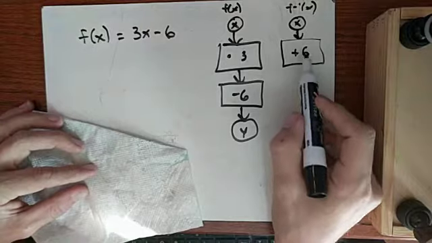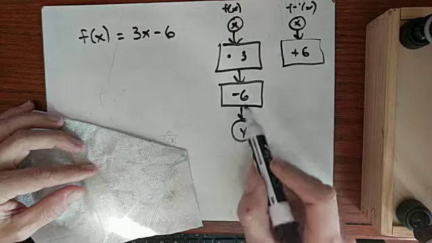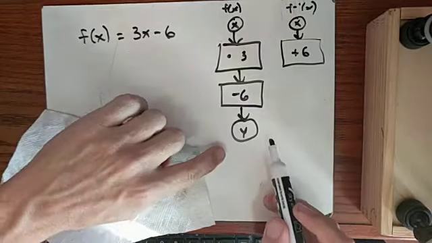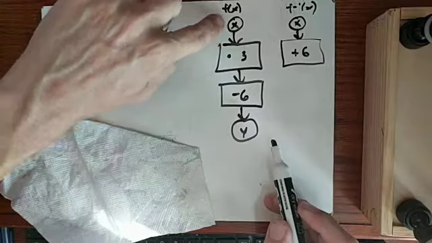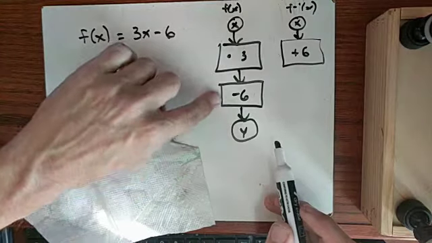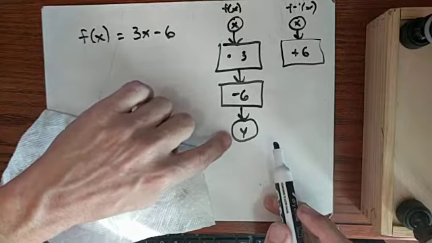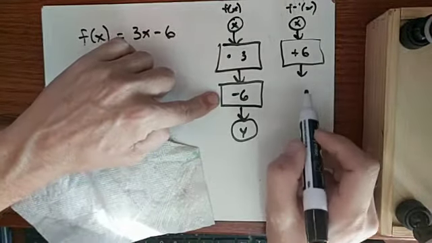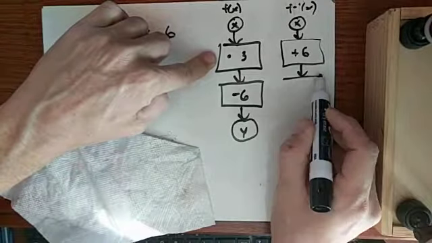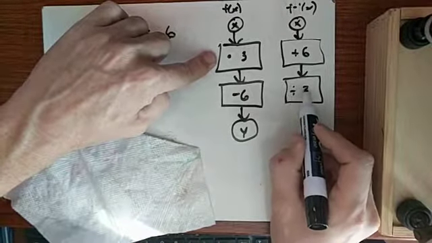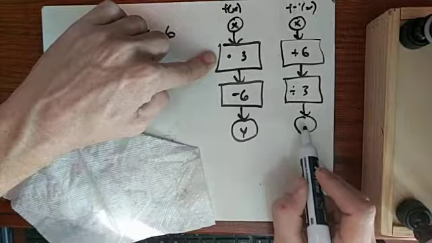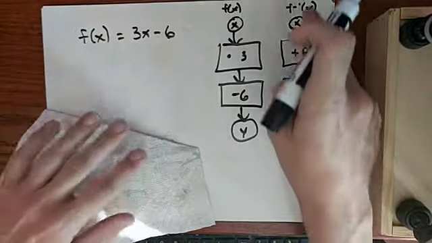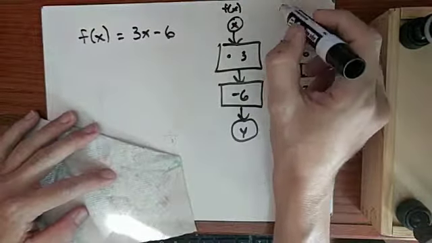Now, why is this the first thing that I did? Because the last thing I did was subtract 6. So you're going to have to go backwards up the chart here and do the inverse operation. Okay, so your first thing you're going to do is add 6, and then what we're going to do is divide by 3, and then you get your new range variable. So this is called the inverse function, and you may not realize what I put up there.